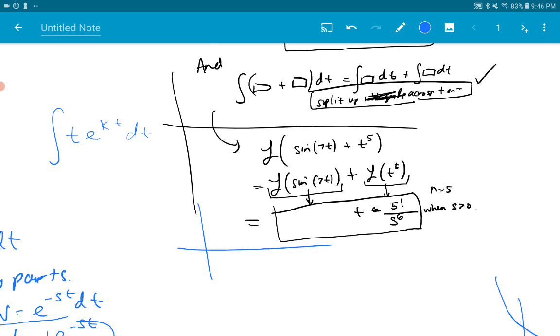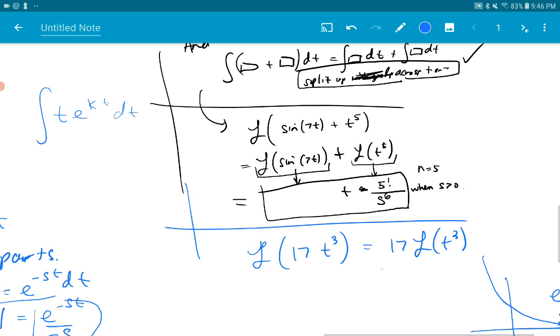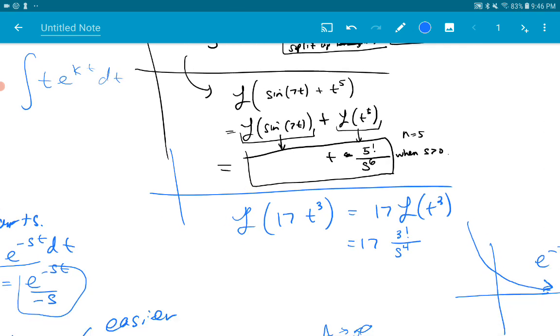To show you the use of that, suppose I ask for the Laplace transform of 17t to the third. Well, that's the same as 17 times the Laplace transform of t to the third. And we already know the Laplace transform of t to the third, it would be 3 factorial over s to the fourth. So that would be your answer. 3 factorial is 3 times 2 times 1, so that's 6.